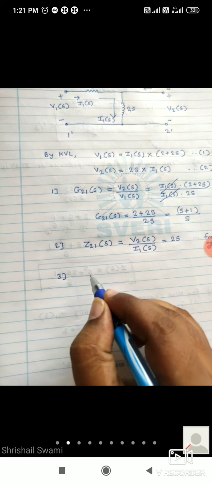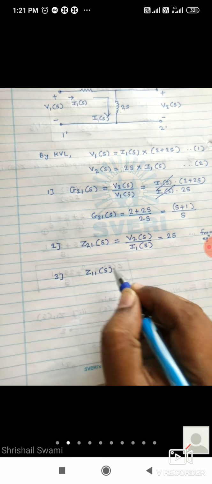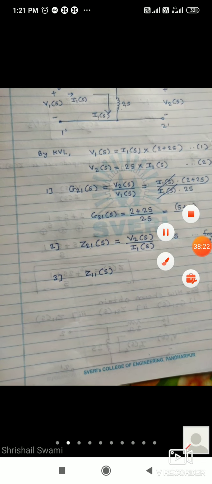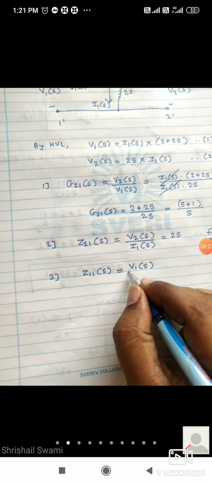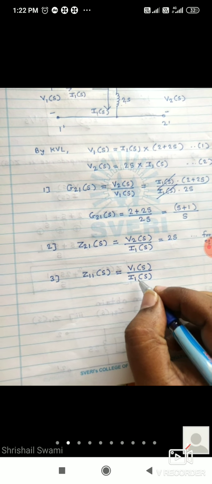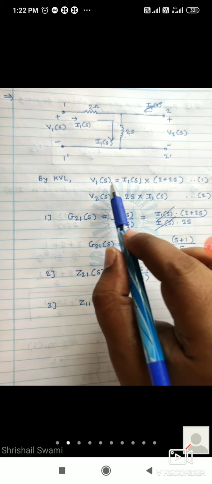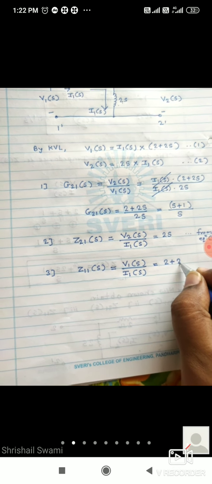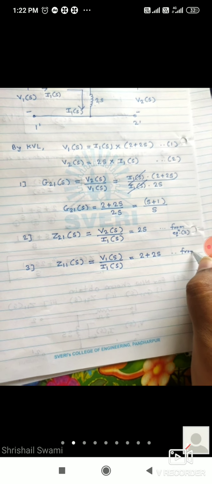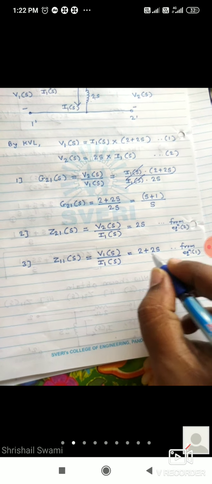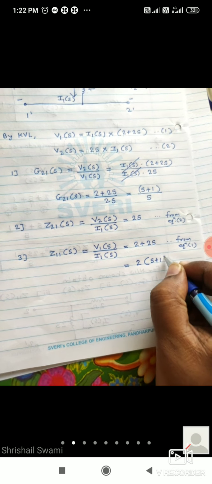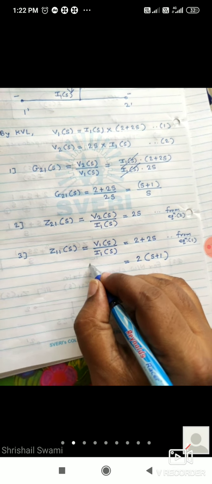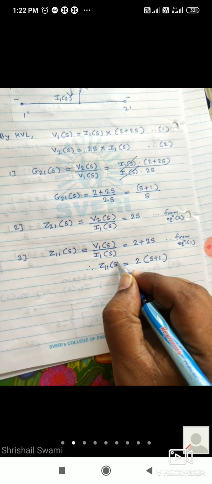Now the third one, that is Z11 of S. Z11 of S is equal to V1 of S divided by I1 of S. V1 and I1 are present in equation number 1. So V1 upon I1 gives 2 plus 2S. So this is from equation 1. Here again you can simplify: after taking 2 common, S plus 1 remains. So 2 into S plus 1. So this is Z11 of S.